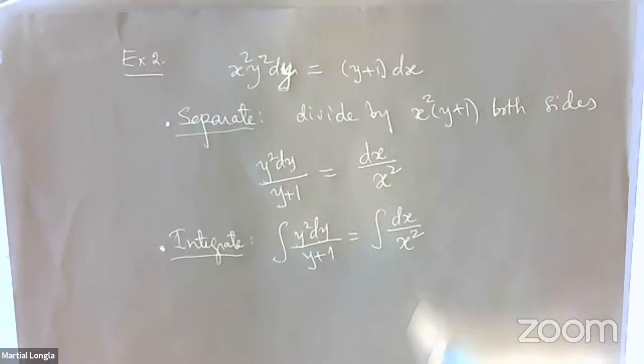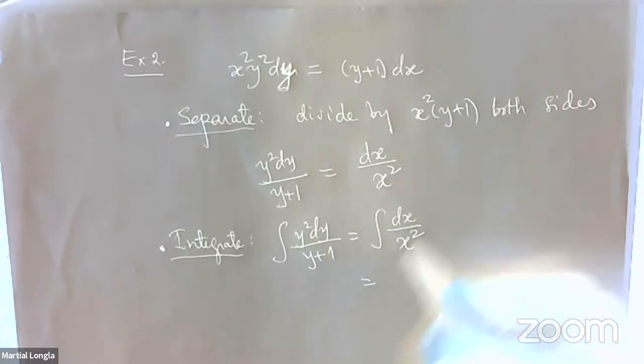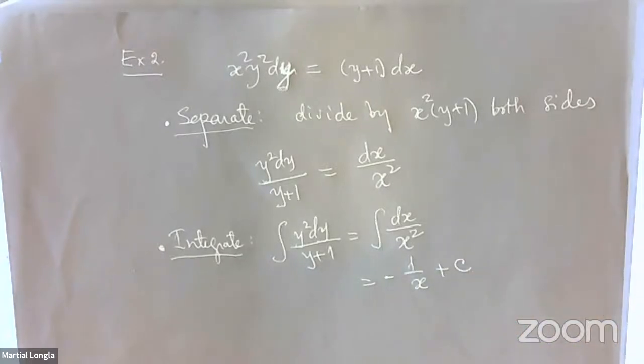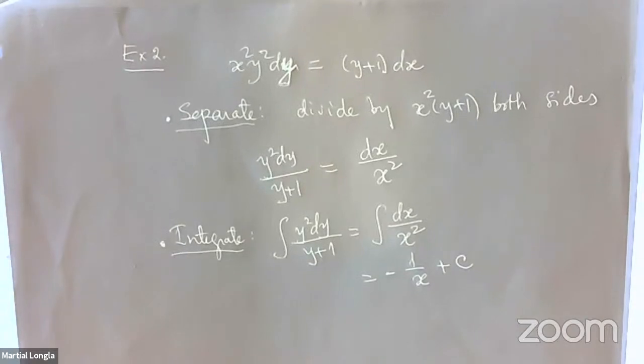Now, the integral on the right is easy to integrate. That's just minus 1 over x, and then we put the constant of integration there. But the integral on the left, you have to do a little bit of work on it, right?